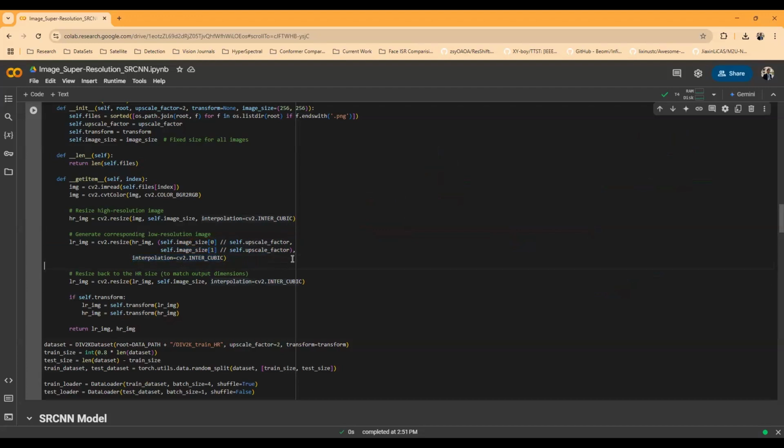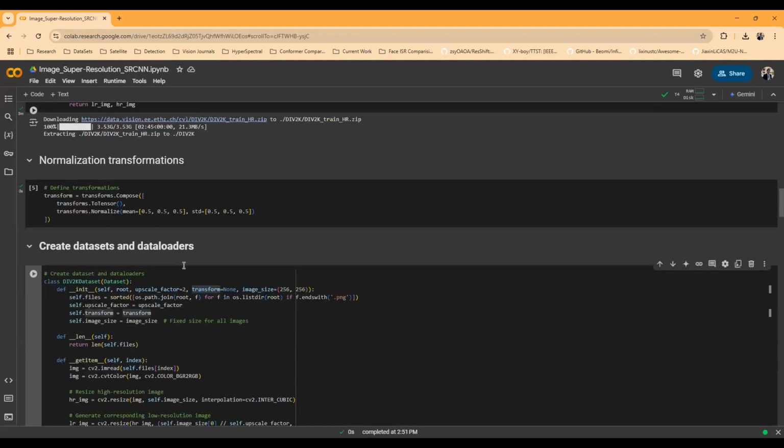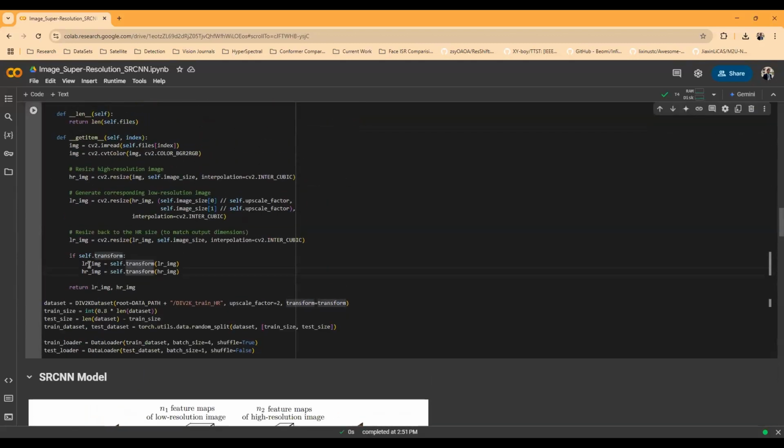Bicubic is actually one of the very good interpolation techniques, apart from nearest neighbor and others. So we are directly using the bicubic interpolation. And then this LR image is resized using the interpolation to the desired input size. Now, based on the transformation we just defined, we can perform the normalization on these LR and HR images if required.